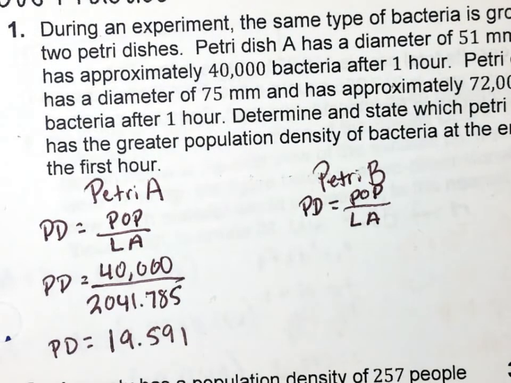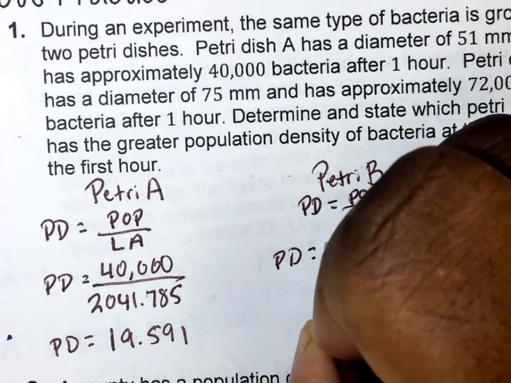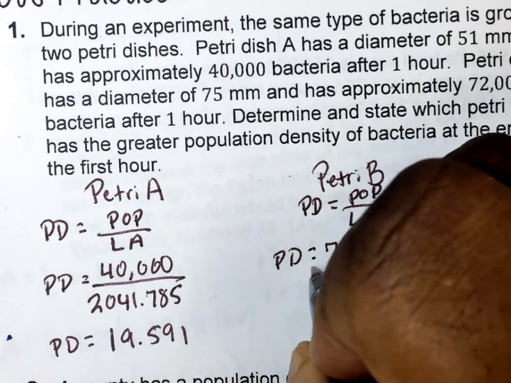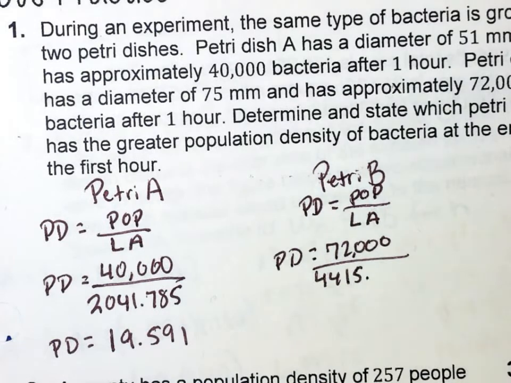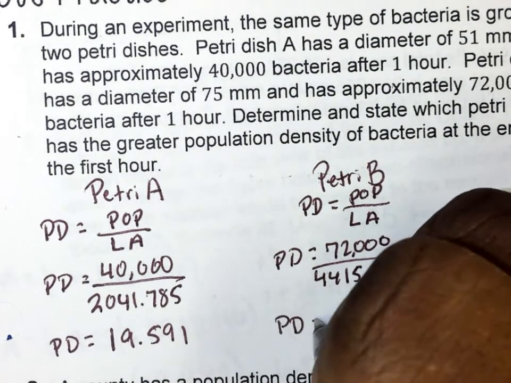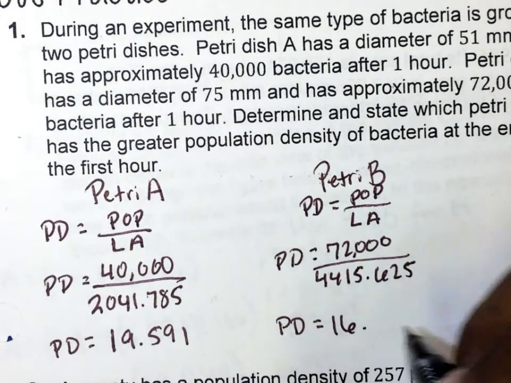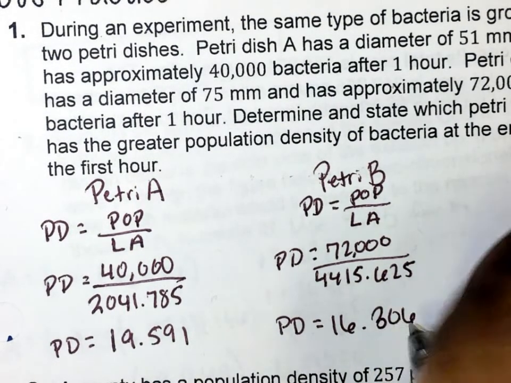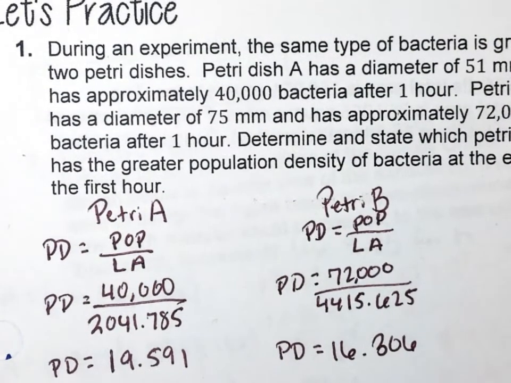There we go. Second one, PD equals 72,000 divided by 4,415.625. So once you get those, it's pretty easy to see which one has the greater population density. Petri dish A.